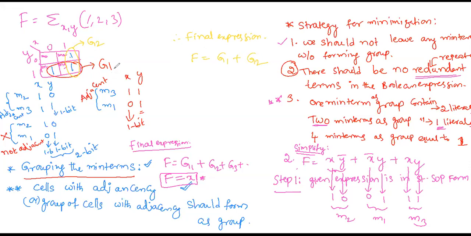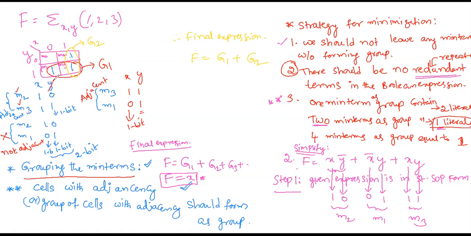So what is the G1 value and what is the G2 value? Here we are forming two minterms as a group. If you form two minterms as a group, the expression will contain only one literal. In the group, whichever variable is common, we need to take that one. Here M2, M3: X is same, Y is different.